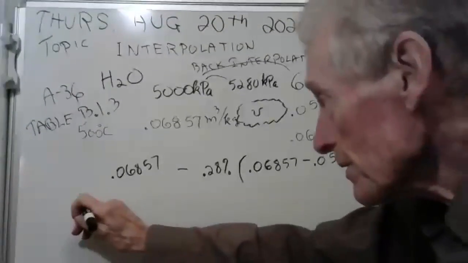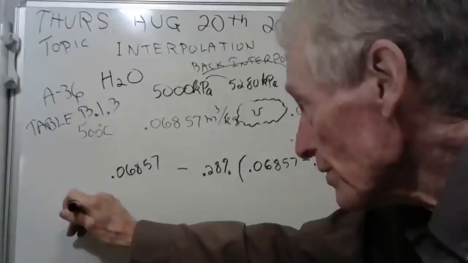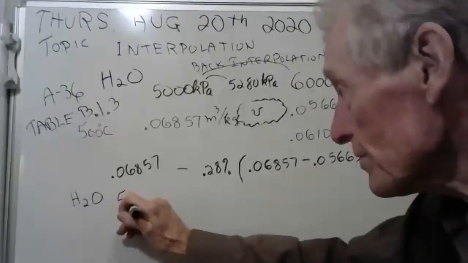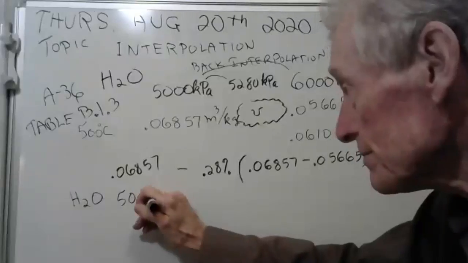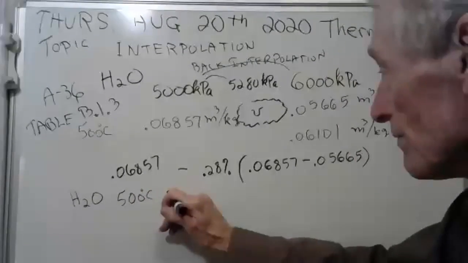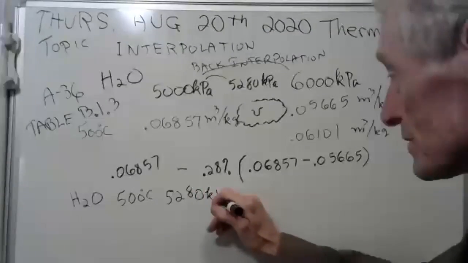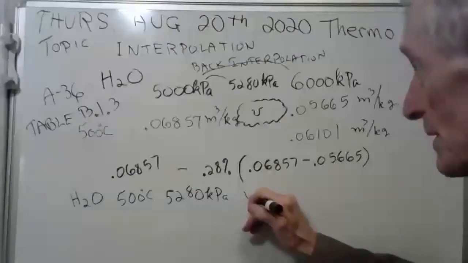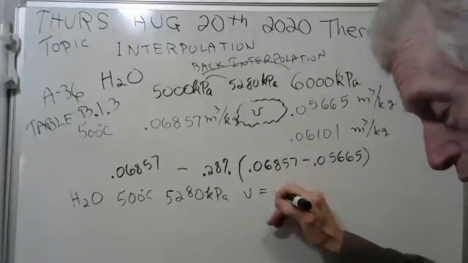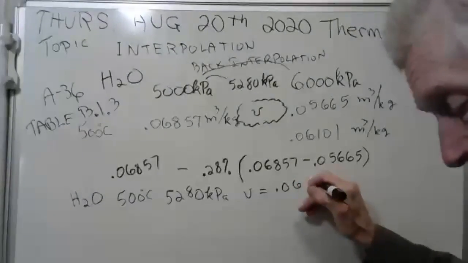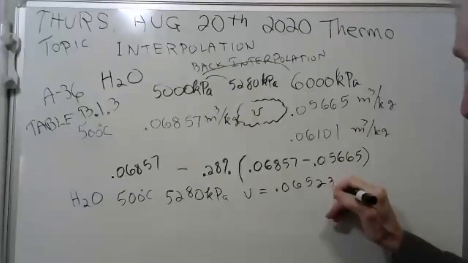And what my calculator says is if you have water at 500 degrees Celsius and it's at 5,280 kilopascals, then the specific volume is 0.06523.